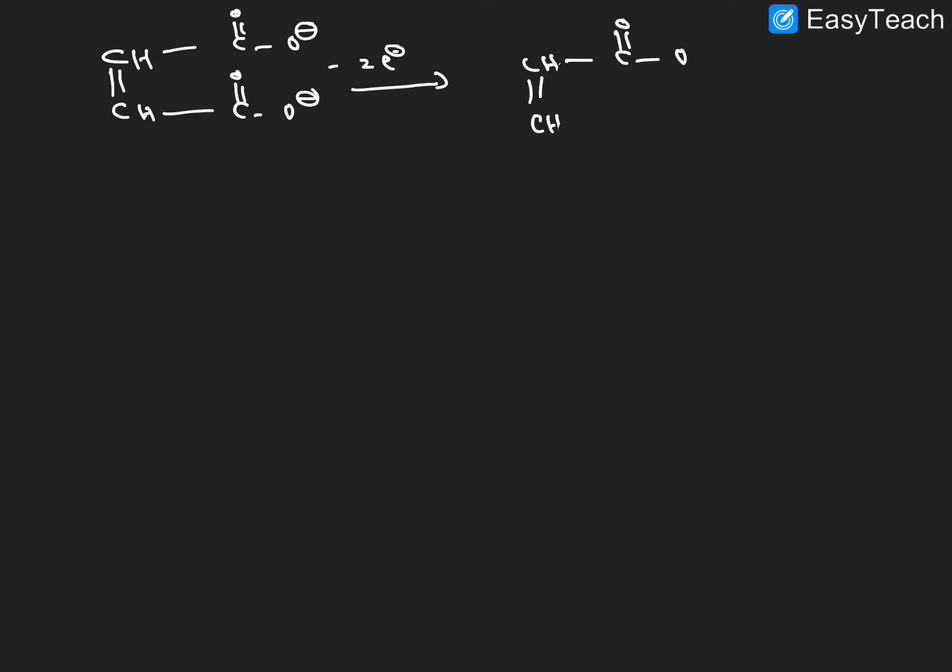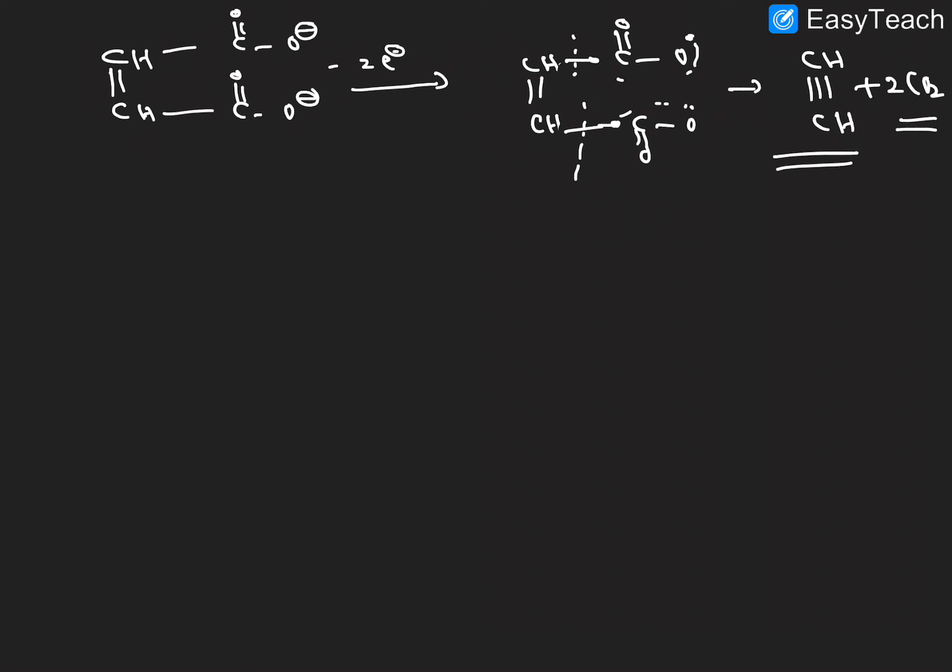Next, here C double bond O radical is there. This radical is combined with this one, to form CH triple bond CH plus 2 moles of CO2 is forming, right? So this is the alkyne we will get by this method.